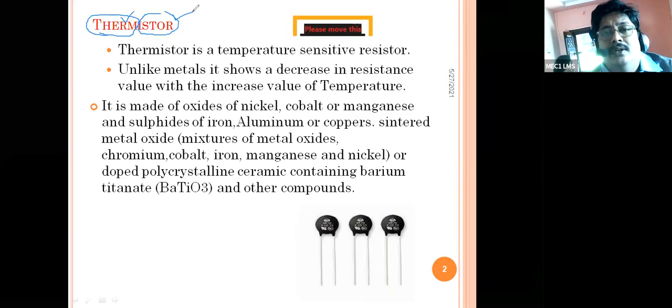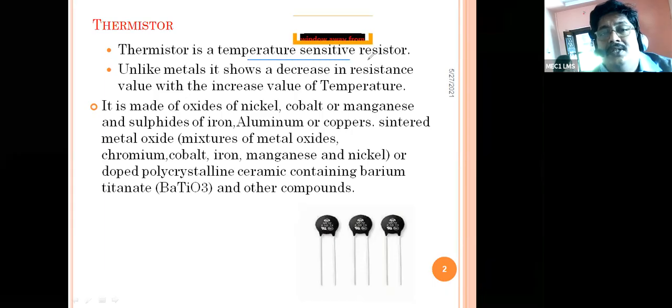Here, if you observe clearly, a thermistor is a temperature sensitive resistor. It is clearly mentioned that it's a resistor and it is temperature sensitive. Why do we relate current to thermal here?